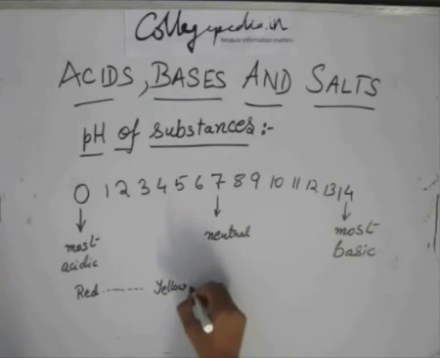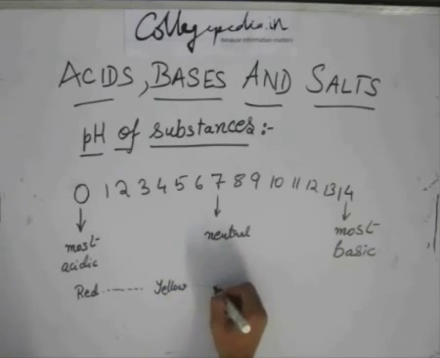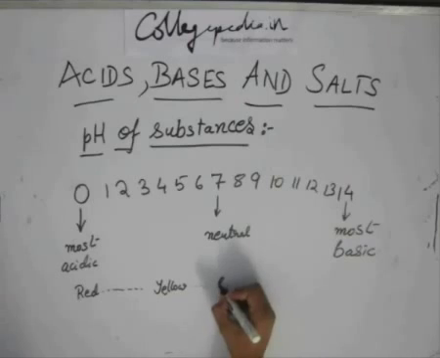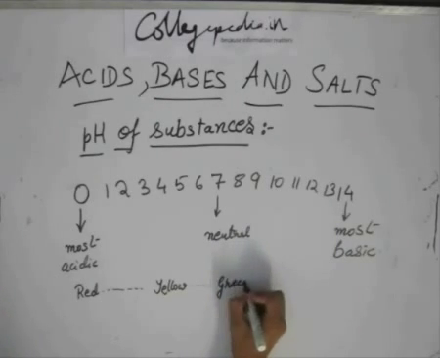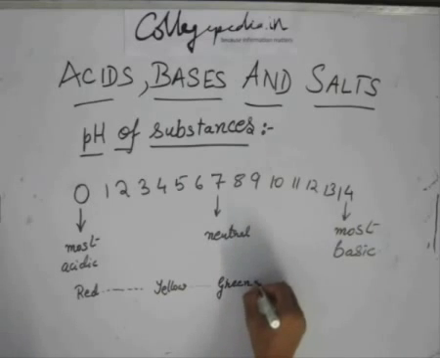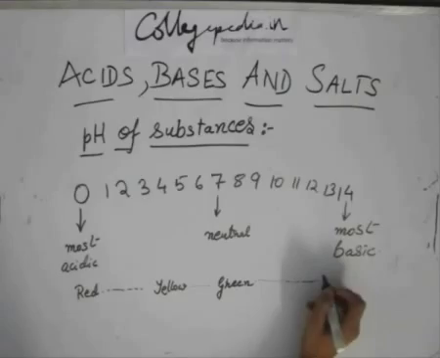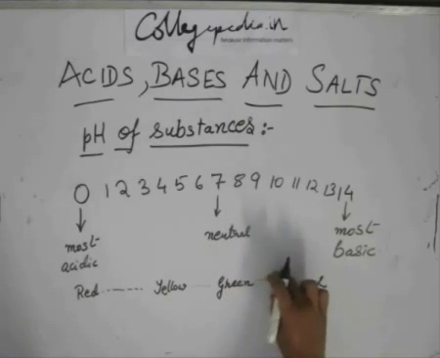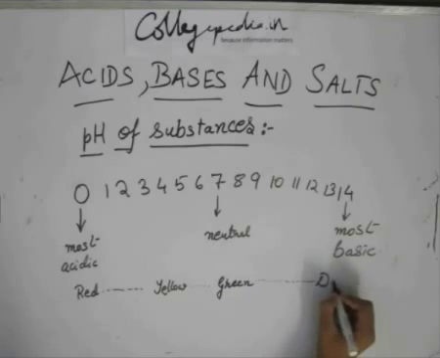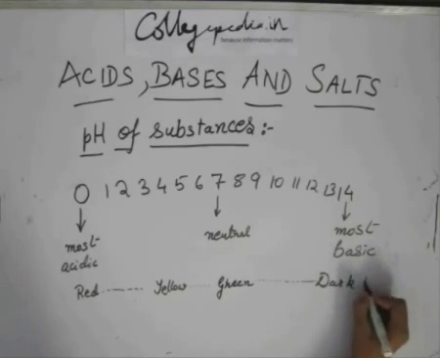By the time it reaches 7, 8 it becomes greenish blue, it becomes green. From green it changes to light blue first, and at 14 it is very dark blue, almost violet.